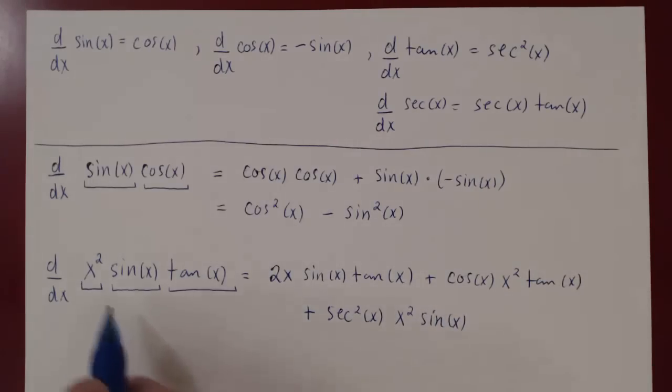And that's the derivative of x squared times sine of x times tangent of x using the extended product rule.